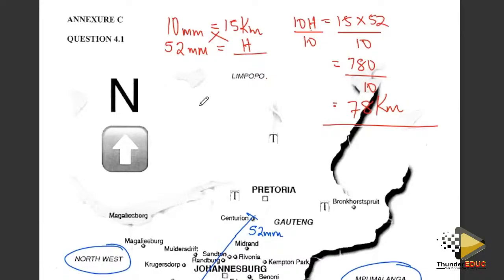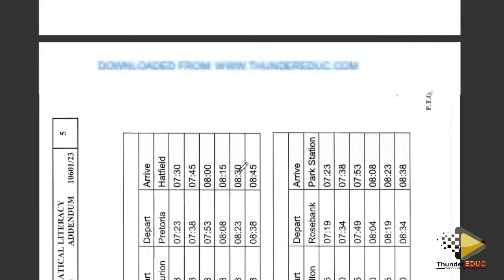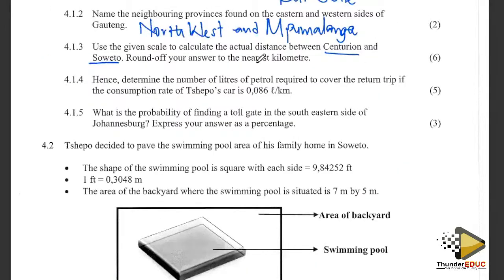Let's continue. Still on the map. Here now we found out that we have 78 kilometers.